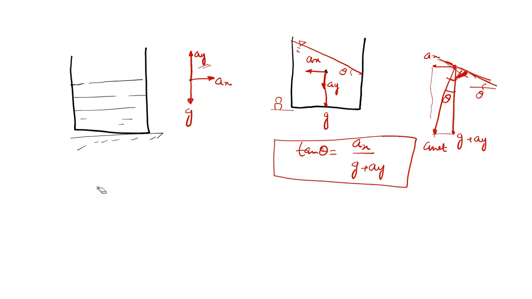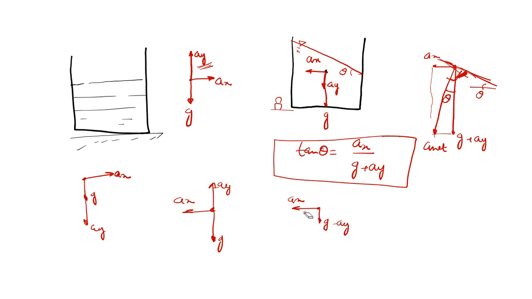For example, let's suppose the question says it is not going upward, it is going downward. So simple, ax, I'll write g, then I'll write ay. Then again I'll sit on this platform, pseudo force, pseudo acceleration, ax, ay, then g. Then again the net acceleration, I'll write down ax, and what will be net here? g minus ay in this direction.